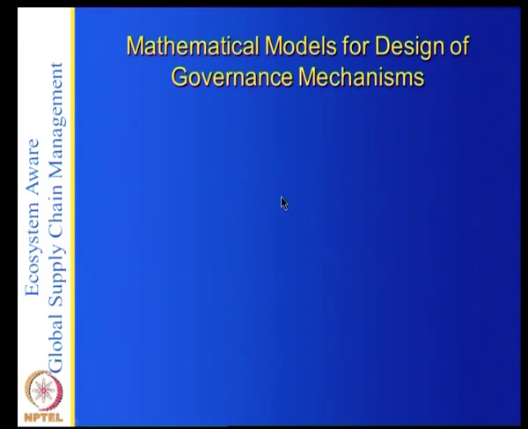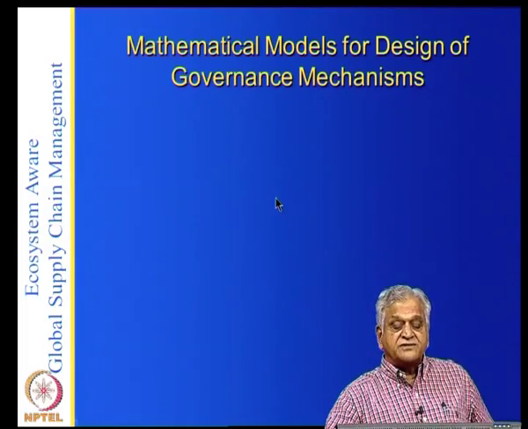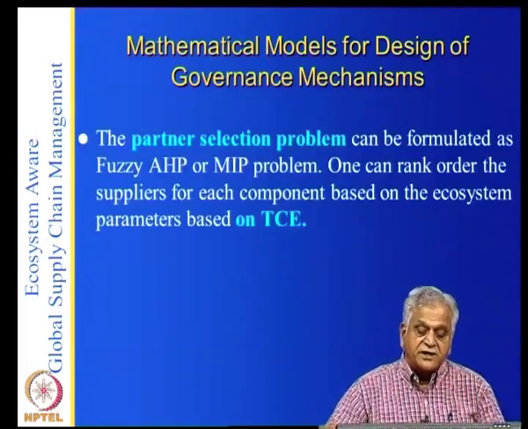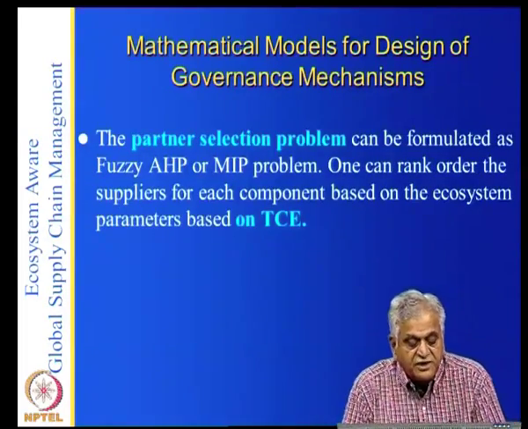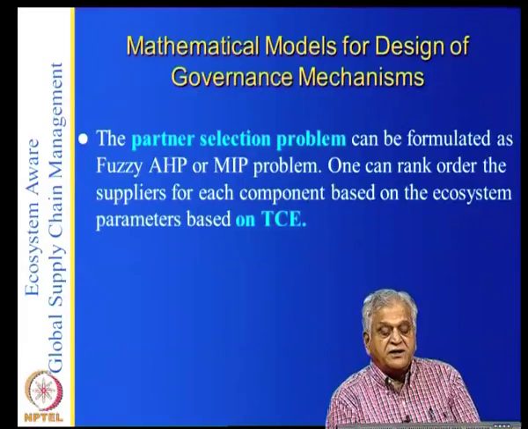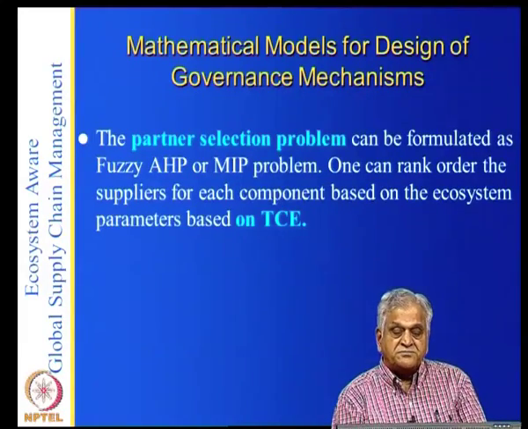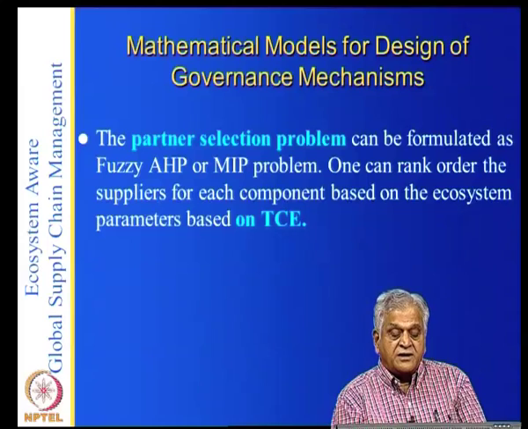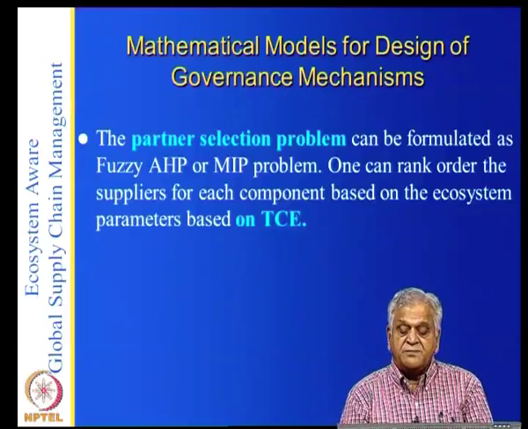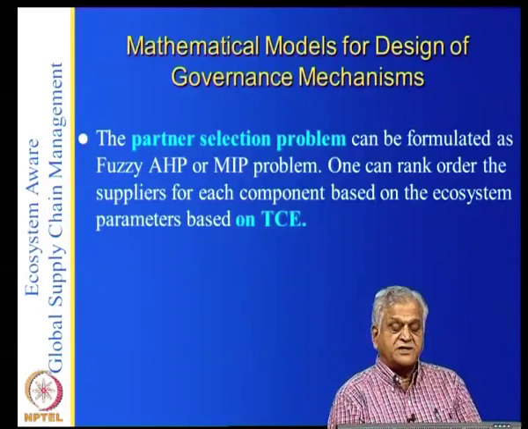Frequently the question that is asked is, what are the mathematical models for the design of the governance mechanisms? The partner selection problem you can solve as a fuzzy AHP or an integer programming problem, or one can rank order the suppliers for each component based on their ecosystem parameters on the TC.